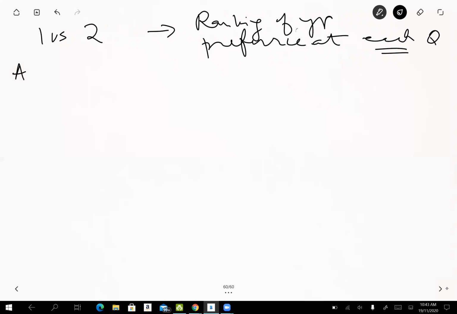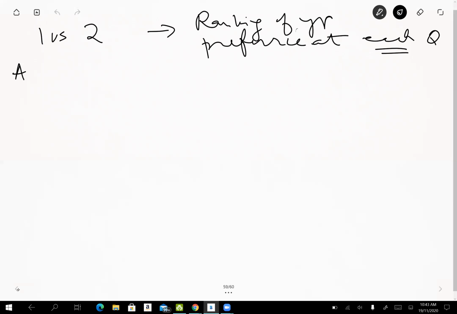You just compare their preference, either least preferred, moderately preferred, or most preferred. Now for quantity 1 versus 2, which one does A prefer more? Quantity 2.